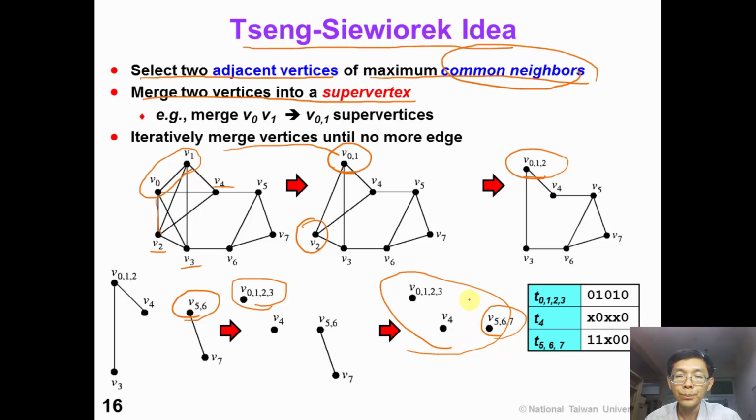Then we are done. The answer is T0, T1, T2, T3 can be merged into one test pattern. T4 is a test pattern, and T5, T6, T7 is a third test pattern. So the minimum test length is 3.